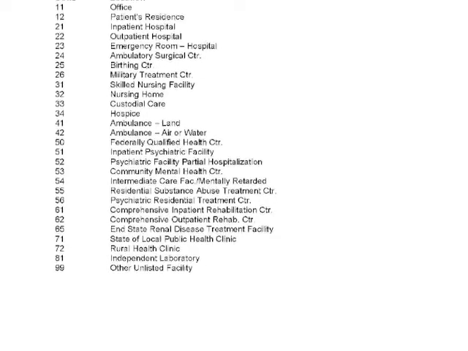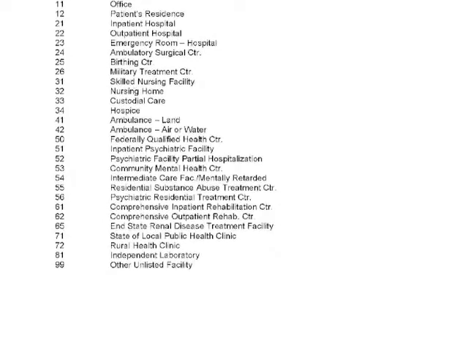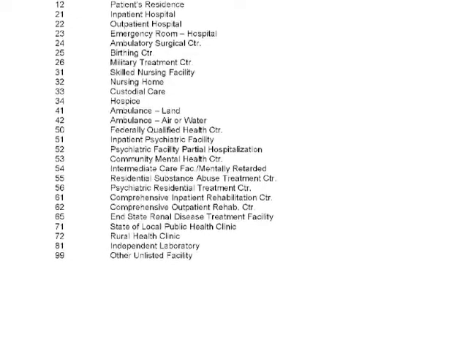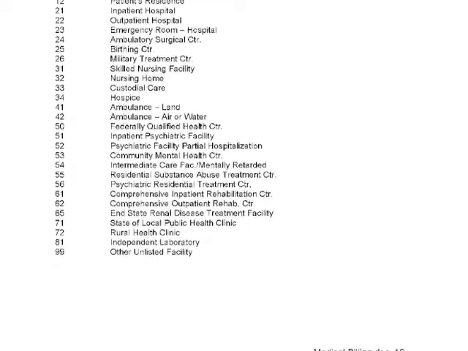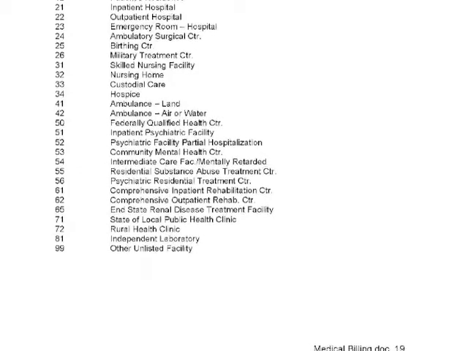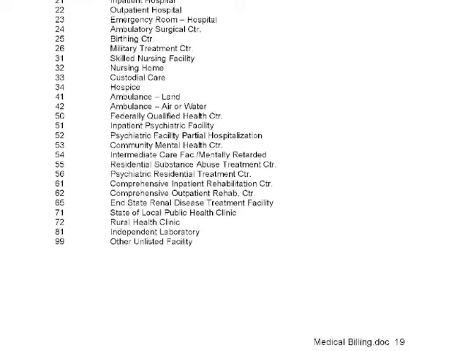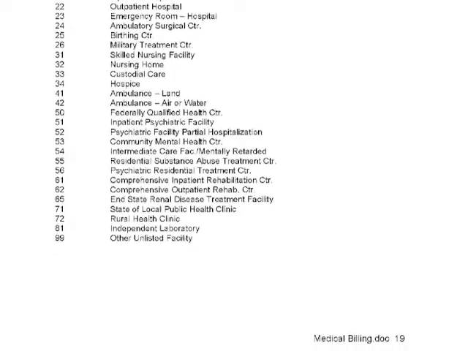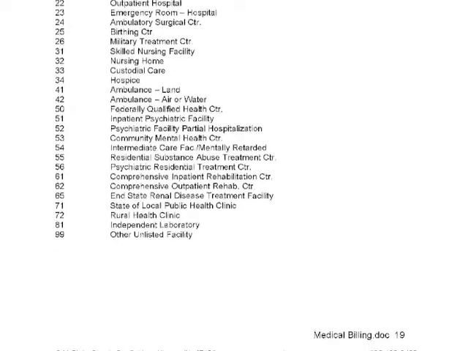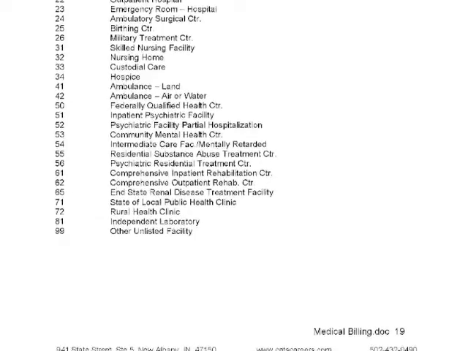You will know your facility once again. 53, community mental health center. 54, intermediate care facility for the mentally retarded. 55, residential substance abuse treatment center. 56, psychiatric residential treatment center. 61, comprehensive inpatient rehab. 62, comprehensive outpatient rehab. 65, end-stage renal disease treatment facility.